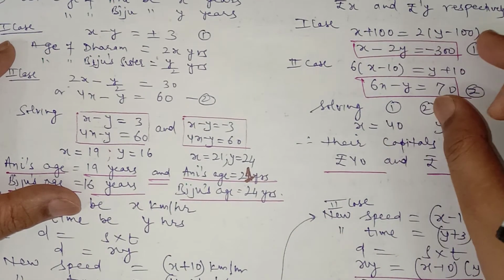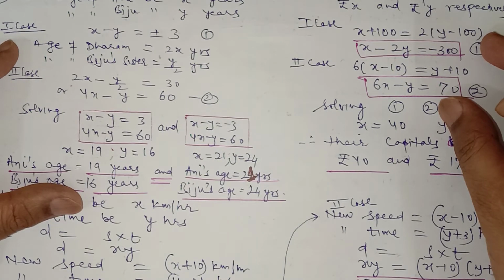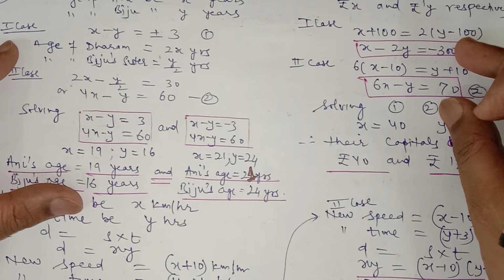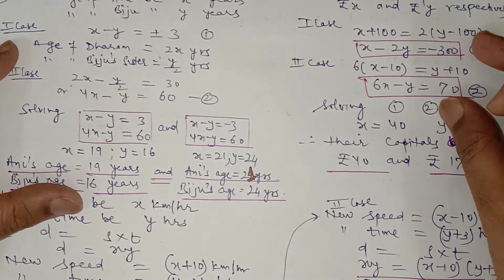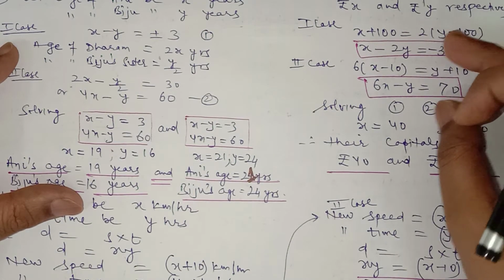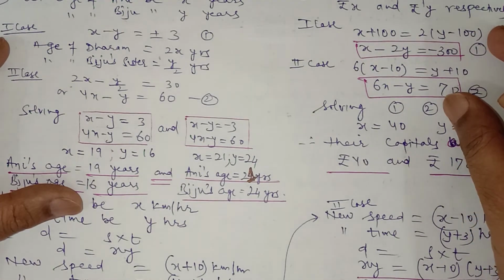Now in the first case, the first says that if you give me 100 rupees, I will have twice as much as is left with you.